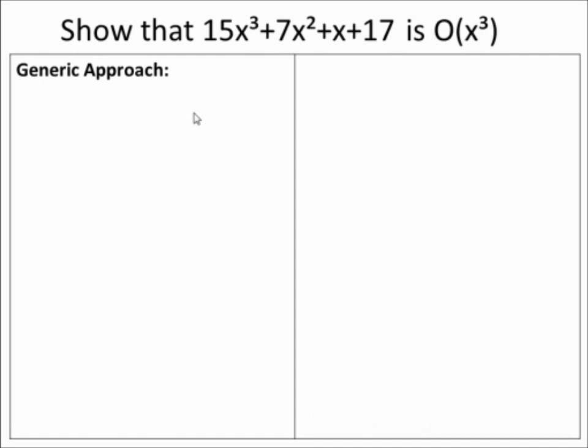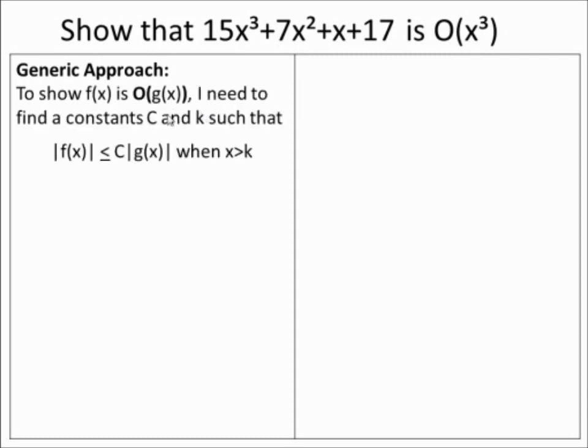How do we show that some function f of x is big O of g of x? In other words, how do we establish that f of x grows more slowly than g of x? Well, to show that f of x is big O of g of x, I need to find constants c and k. So all the work is in finding constants c and k such that whenever x is greater than k, so k is like my turning point, in absolute value f of x is less than or equal to the multiple c of, in absolute value, g of x.